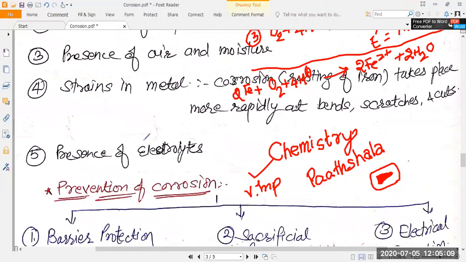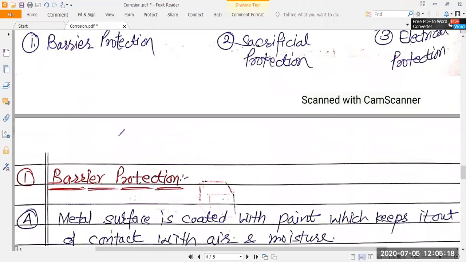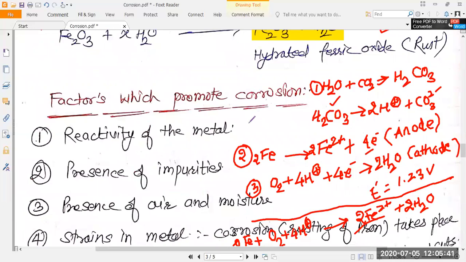In the fourth step, what happened? This Fe2+ is our fourth chemical equation. I am writing here. In the fourth step, what happened? Fe2+ again reacts with oxygen and water vapors present, and takes electrons also.